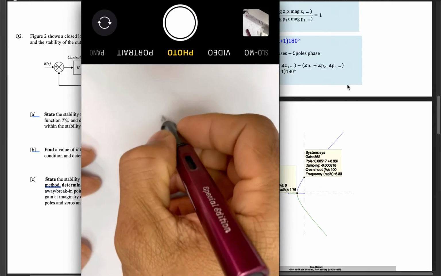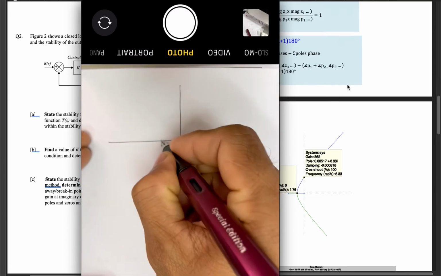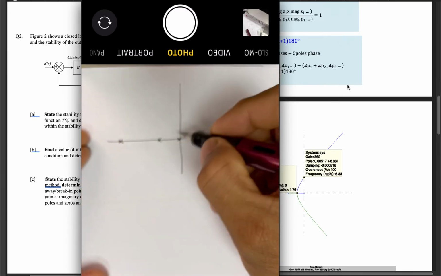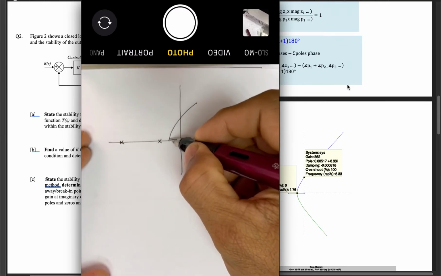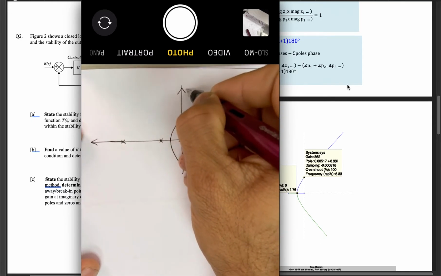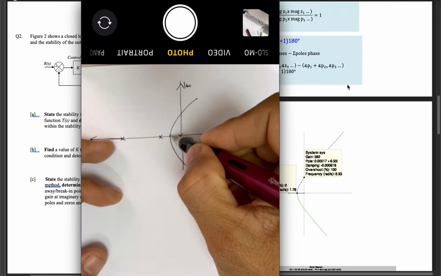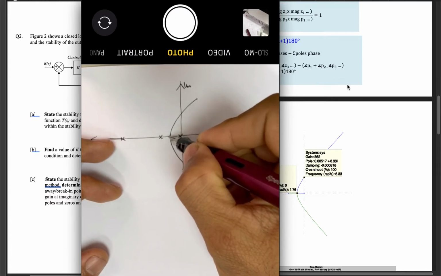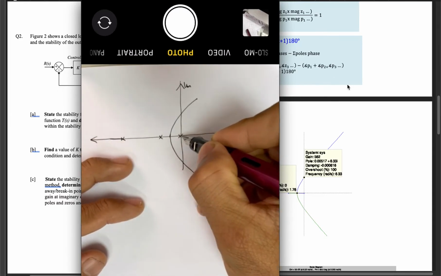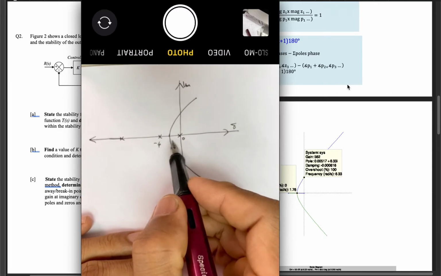So right now we have this root locus already. It's here like this, right? So we know that the breakaway point will be around here between -4 and 0, right? So how do we calculate this?